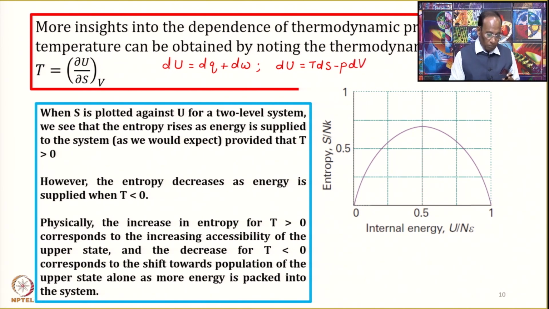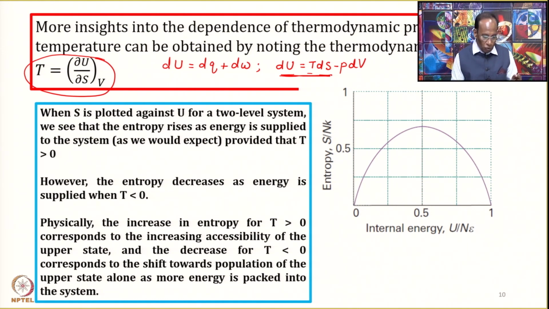So therefore, I can connect del U, del S with temperature. I can have a pure thermodynamic definition of temperature. That means the pure thermodynamic definition of temperature thus becomes T is equal to del U by del S at constant volume. It comes from this. You fix the volume constant and T becomes del U by del S at constant volume.